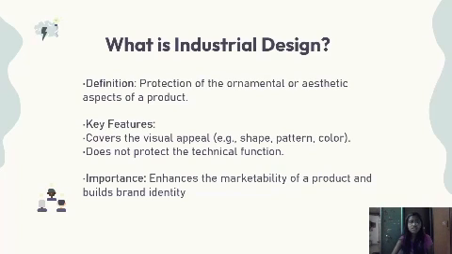The key features of industrial design are that it covers the visual appeal, that is the shape, pattern or color. It does not protect any technical functionality. The importance of industrial design is that it will enhance the marketability of your product and it will build a brand identity.